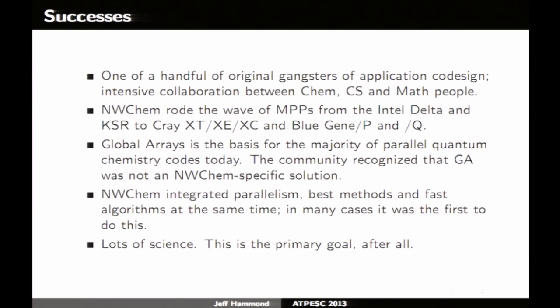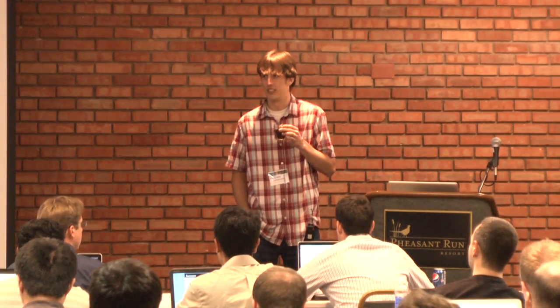So this is the same code, with constant evolution, of course, running across two decades of massively parallel platforms. Robert Harrison was the equivalent of an early science project on the Delta, and now early science on Blue Gene/Q. So NWChem has been an early code on a lot of new machines.